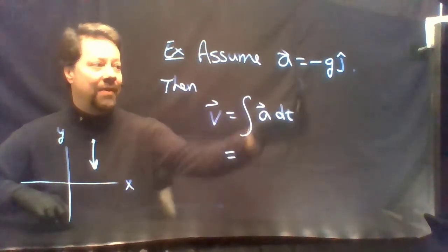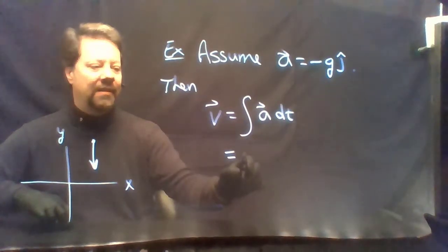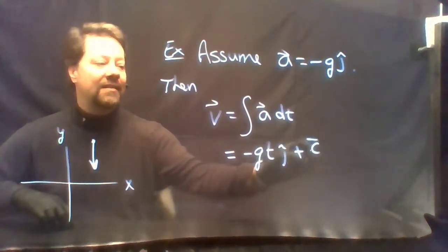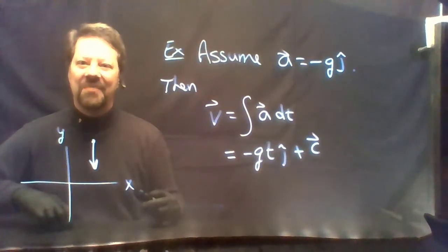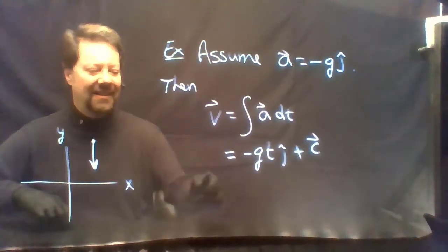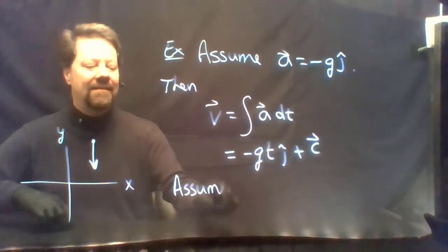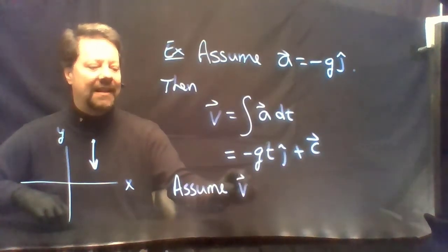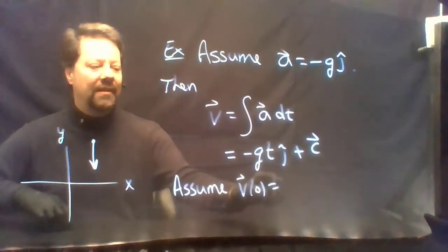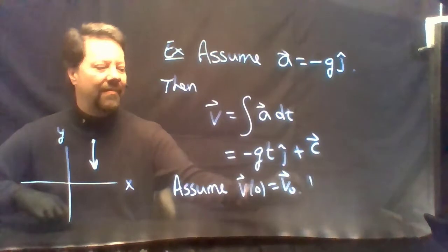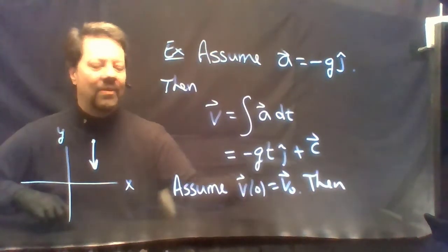As you can see, if you integrate this, you'll get minus gt times j plus a constant vector of integration. Let's assume that the velocity at time 0 is some value v0. What does that imply?